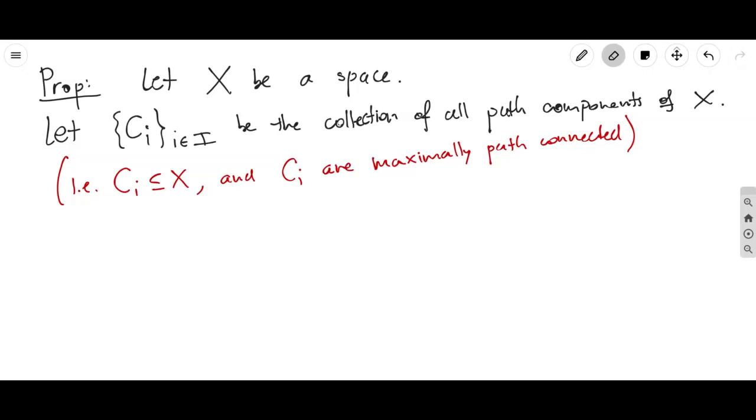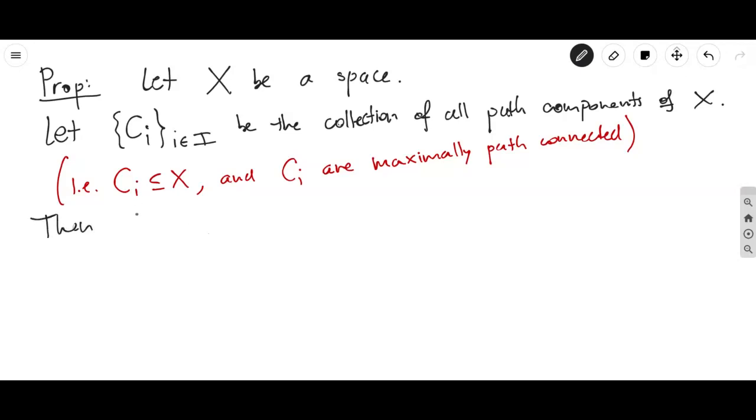You can have 2, you can have 3, you can have an infinite number. We'll actually see an example of how you can have an infinite number of path components. That's why I'm not calling it from 1 to n or something like that, because it could be an infinite collection of path components.